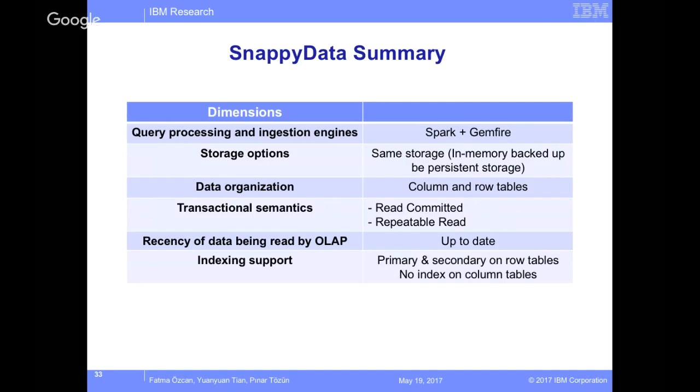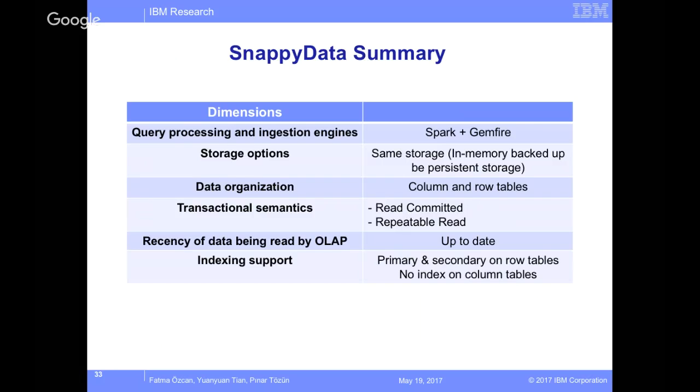So this is the summary. Obviously you're using Spark and Gemfire for query processing and ingestion, and there's only one storage engine behind, which is, what is the storage? Okay, yeah, in memory.